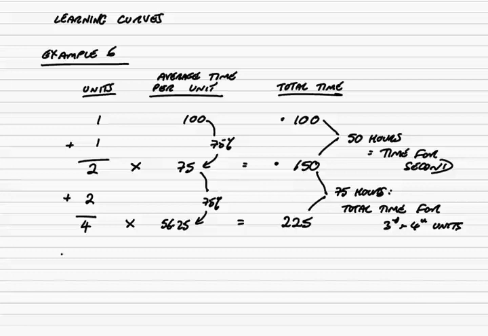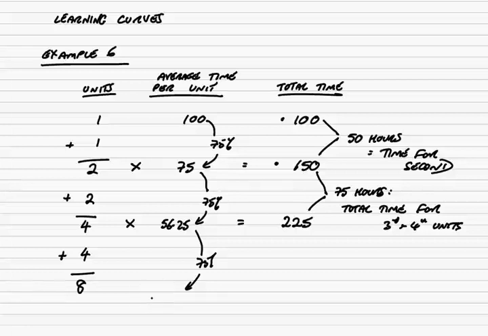Let's carry on just one more. Let's double again. We've made 4. Let's make another 4, so we've now made 8. The average time if we make 8 is 75% of what it was before, which is 42.1875.